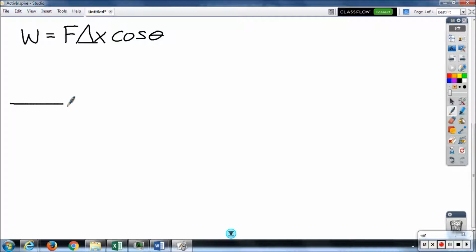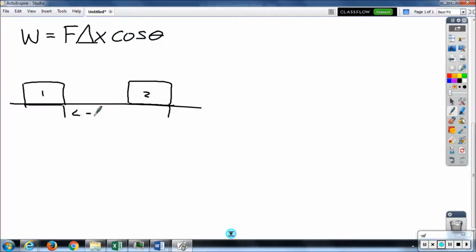So we want to take a couple quick examples that we've covered before in class. Take a box at position 1, it moves to position 2. It covers a displacement delta x, and in case 1 we apply a force on the box at position 1 straight to the right.